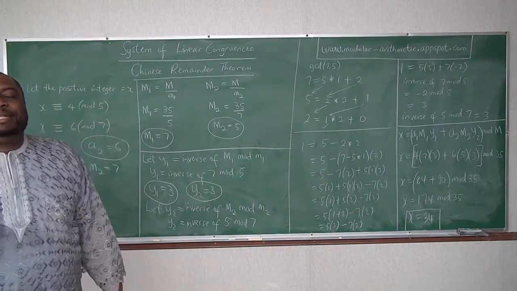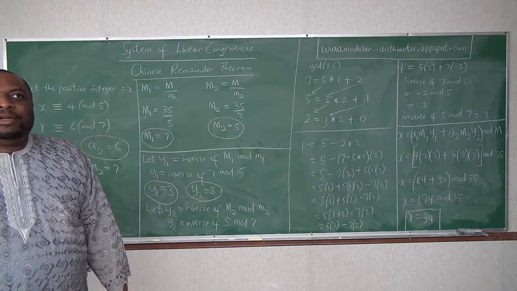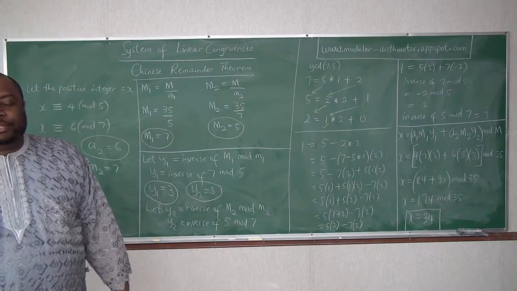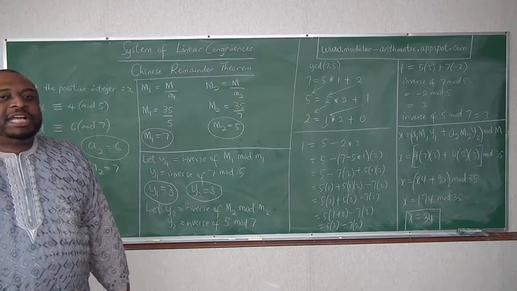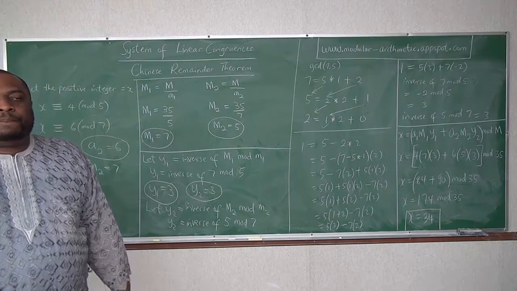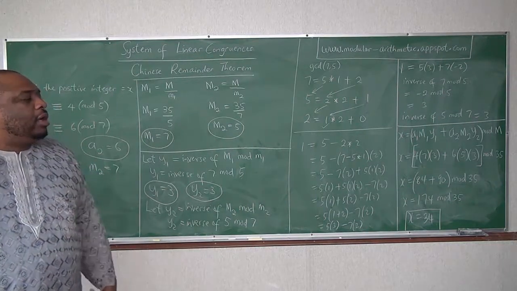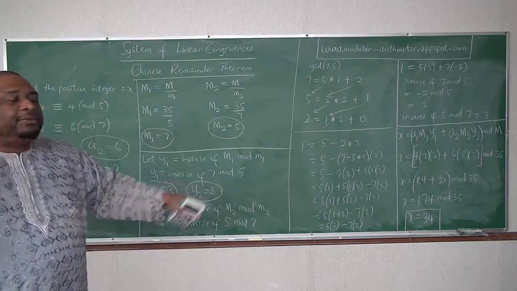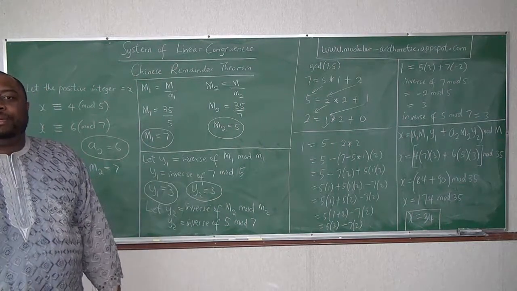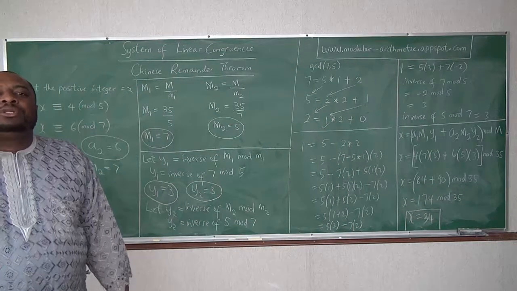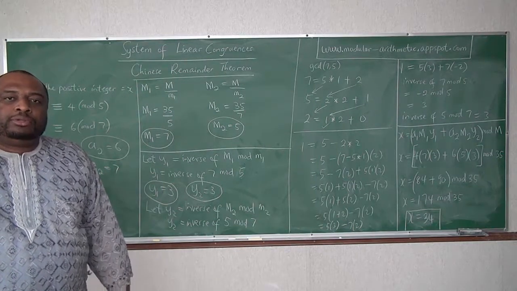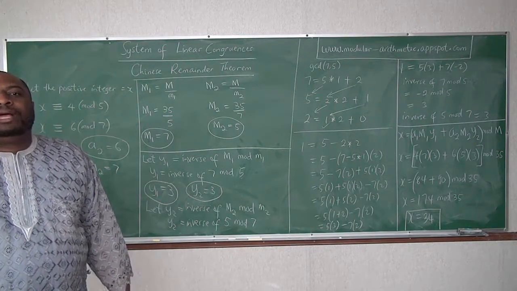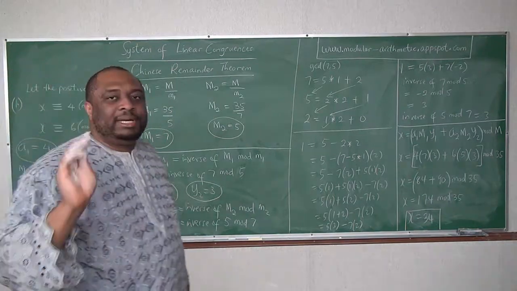Then, let me state this. Another addition to the Chinese remainder theorem, I just remembered it now. Once you find a unique solution, you can also have multiple solutions congruent to that modulo. So what is this saying?